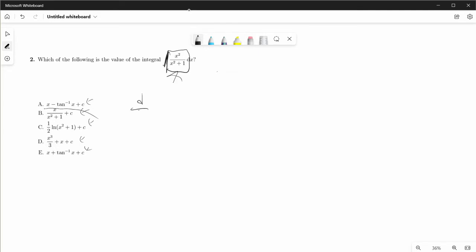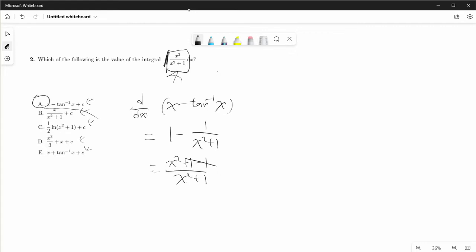You take d/dx of option A. Right, plus c doesn't matter here since that's going to go to 0 anyways. That's just equal to 1 minus 1 over x squared plus 1, and then you put this on top. Right, the x goes away, the plus 1 minus 1 goes away, and then you get that. That's pretty lucky. Right, it might be option E, and then you have to go through 4 different derivations. But it's one way to do it.